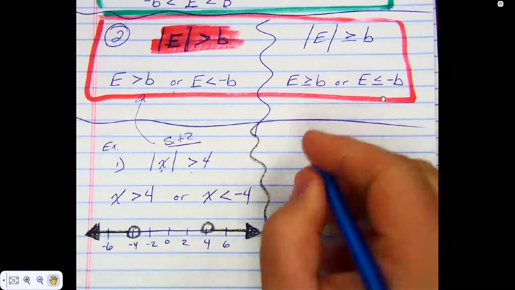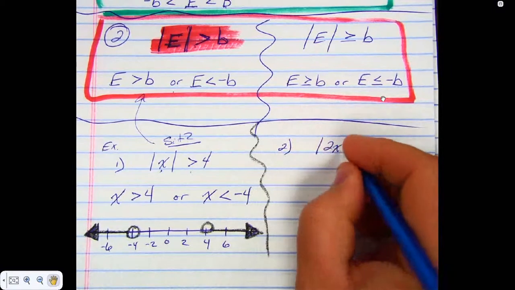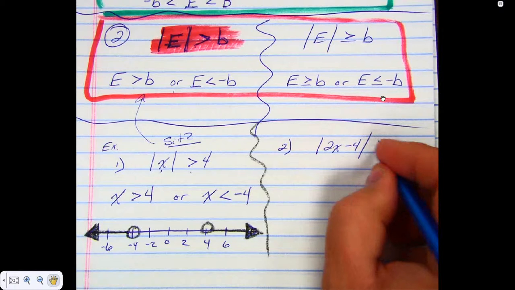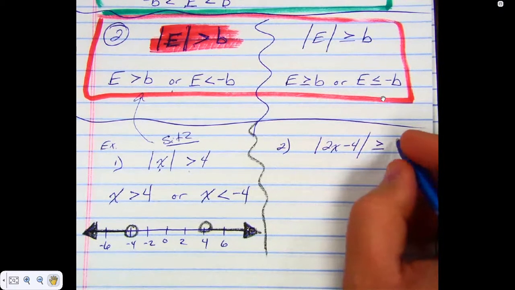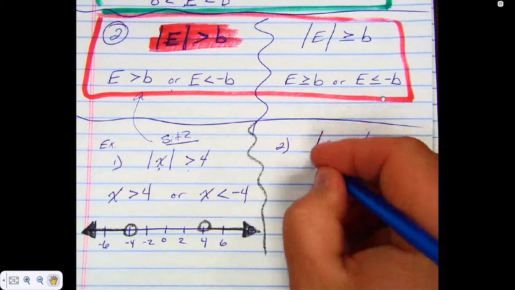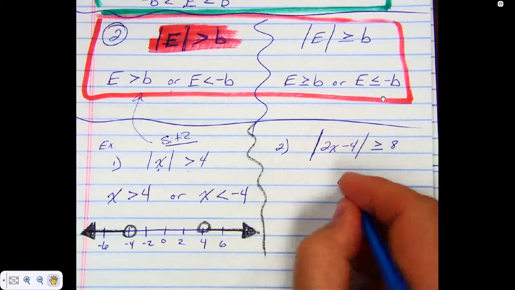Let's do a second example. What situation do I have here? Situation 2. In that situation, I'm going to have an OR.